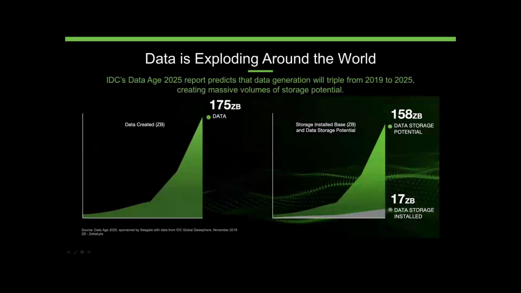I'll start today's session by giving you something to visualize and think about. Seagate, with the help of IDC, did a report on data growth over the next 5 years. We predict that data creation will grow to an incredible 175 zettabytes by 2025. This will be due to a number of factors, such as IoT devices being deployed anywhere from farms for agriculture to buildings to monitor weather, and even in autonomous cars to make sure they stay on the road.